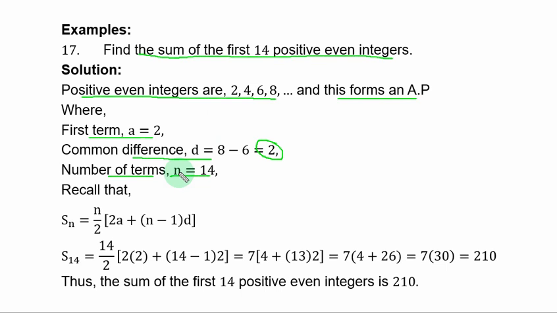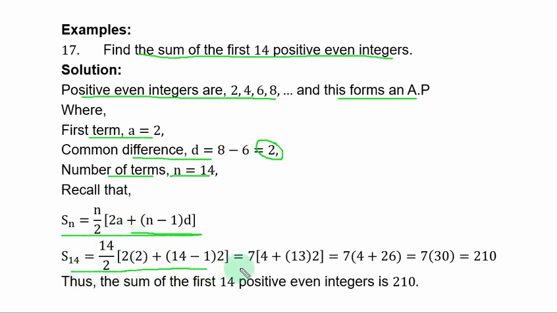Now you know the first term, the common difference, and the number of terms. We are to use this formula to get the sum of the first 14 positive even integers. So here you replace n with 14, a with 2, and common difference with 2. You have it in this form.